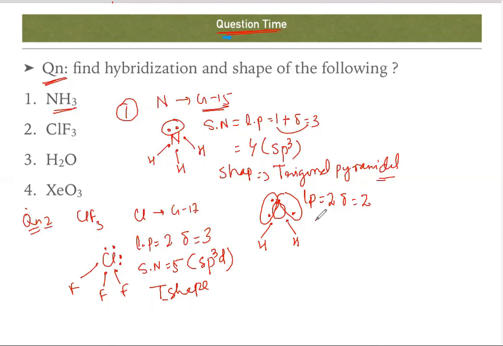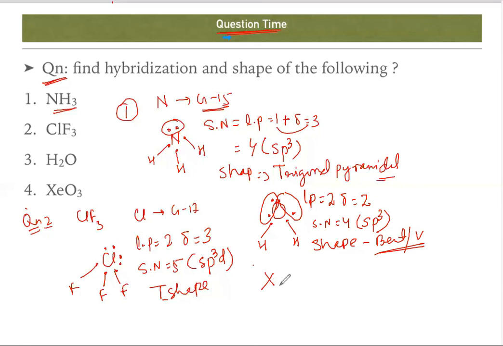What is the total number? Steric number is 4. If steric number is 4, what is the hybridization? sp3. But with the presence of 2 lone pairs, what is the shape? Shape is bent or V shape.